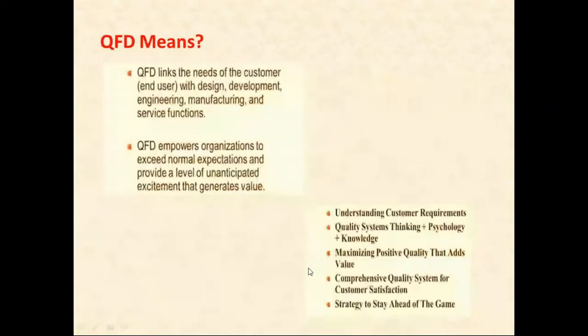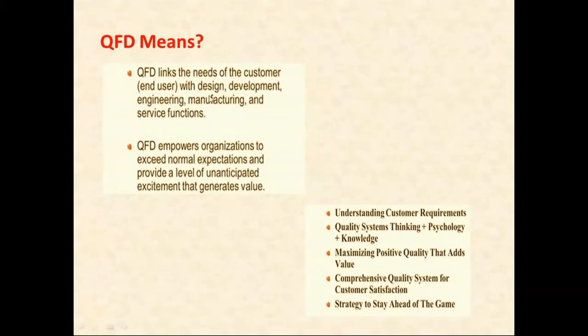Why I'm stressing this is that the first step itself is very important whenever you start the quality function deployment. If you make a mistake here, then your whole research will go to waste.